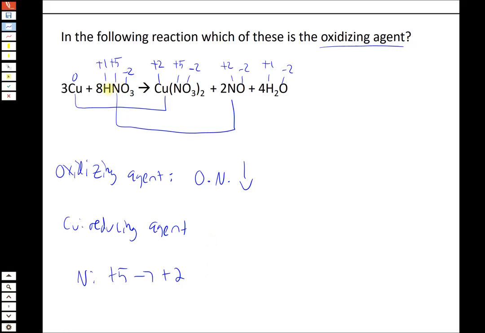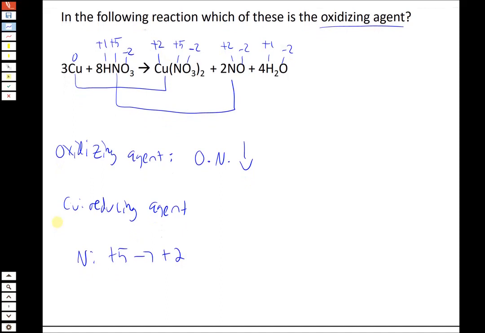But the oxidizing agent is going to be the whole compound that nitrogen is part of, not just nitrogen itself, not just the atom. So even though nitrogen is the atom that's getting reduced, the oxidizing agent is going to be the whole thing, HNO3. So in this problem, HNO3 is the oxidizing agent. Now there's some nitrogen that's also not changing its oxidation number, so HNO3 sort of serves two purposes.